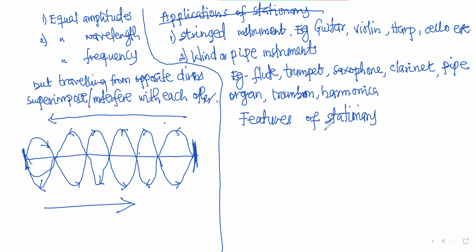It is stationary or standing because the energy stays within the limits of this boundary. If it's a guitar, you see the guitar string just wiggling up and down between the boundary. So in stationary waves, energy stays only within the boundary.